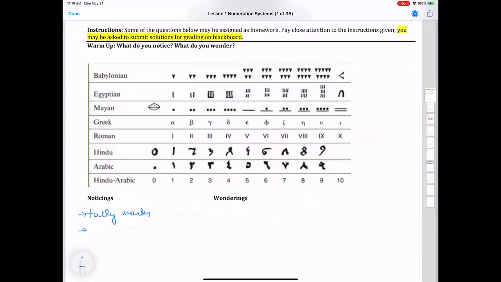There are also no symbols for zero during the Babylonian and Egyptian times, and I think that's also true during the Greek and Roman time. So it shows that if nothing is written, that means there's nothing being tallied.